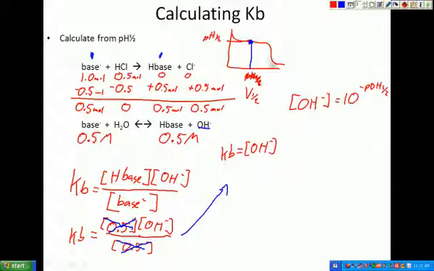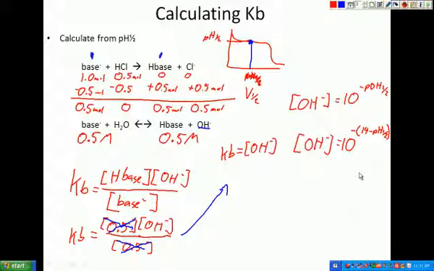So all you have to do is change pH half into POH half. So how you can do that is just go 10 to the minus POH half, which is equal to 14 minus pH half.